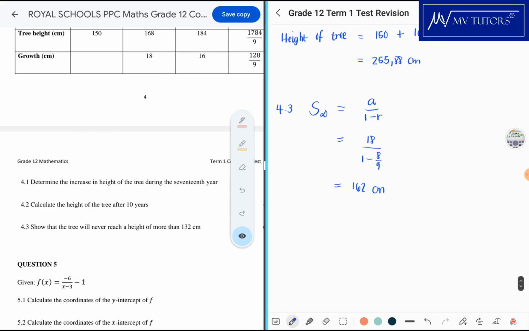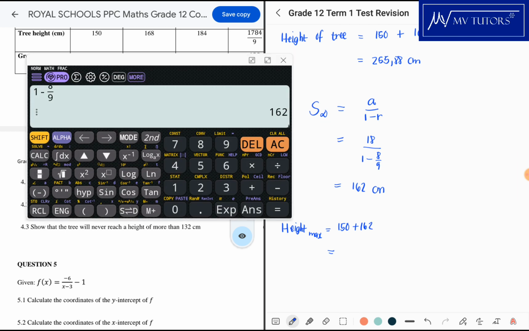But the height of the tree, well, let me just say the maximum height, it's basically going to be 150 plus 162. And what is 150 plus 162? That is 312.